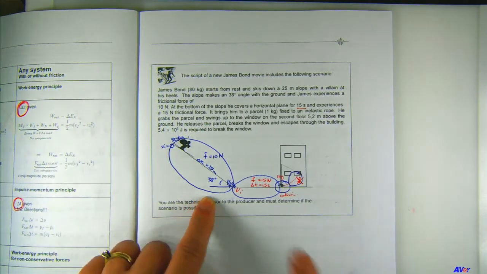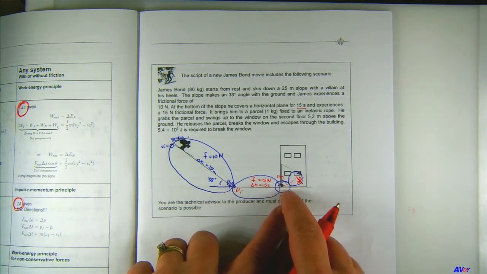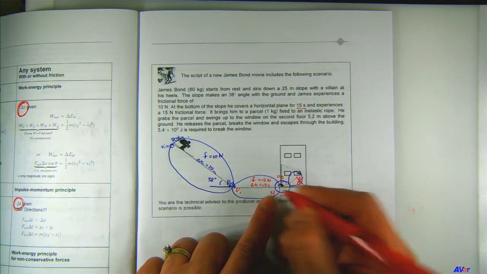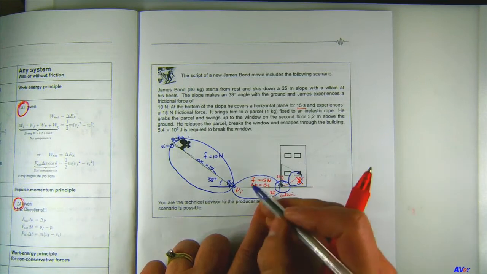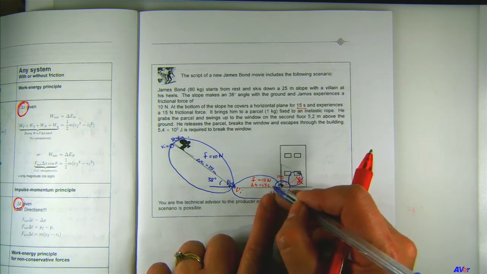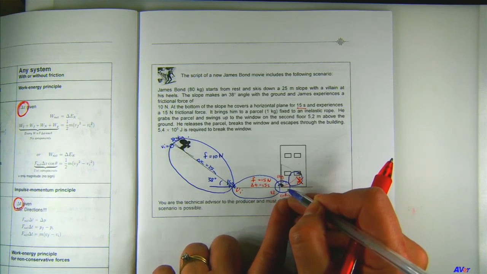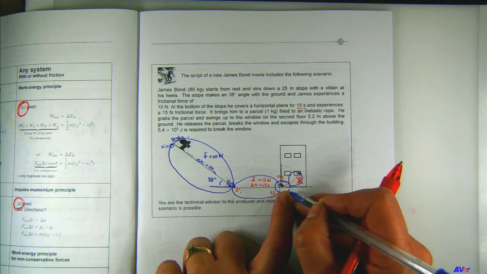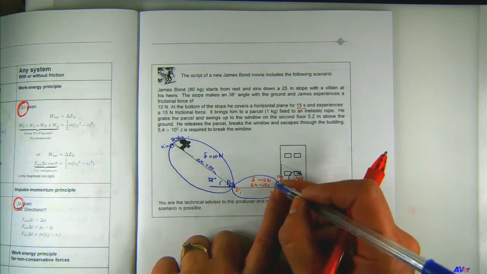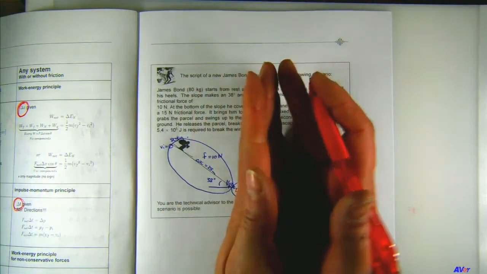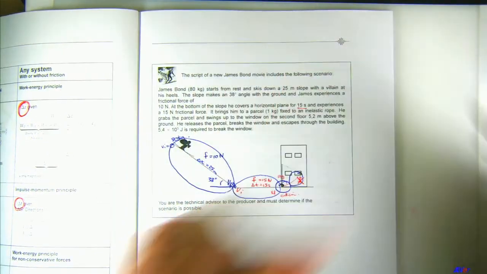That gives you the initial velocity for the second part. And then the final velocity for that part is the initial velocity with which James Bond goes into the collision. Right. And then the final velocity of James Bond and parcel together will be the initial for the upswing. That's the important thing to remember.